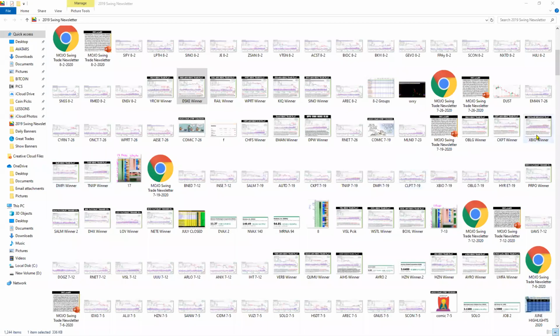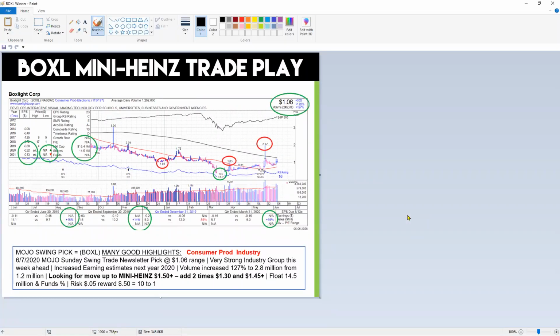How about these, these are all winners. Rail, Sino, IRSDW, Verb, QMU, WSTL, Boxel. Everyone sees Boxel all day long, right? Here's Boxel at $1.06. East Boxel was up there today. 127% increase in their volume from 2.8 million versus 1.2. 15% increase there, 14% increase there, 15% increase there.